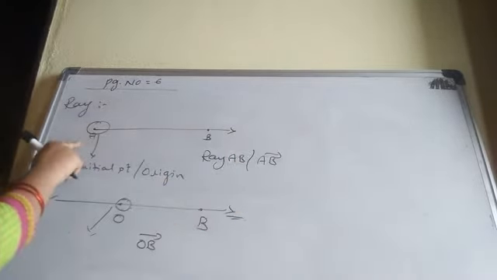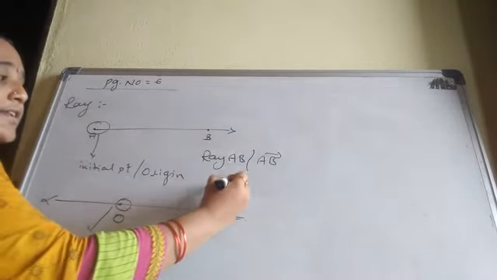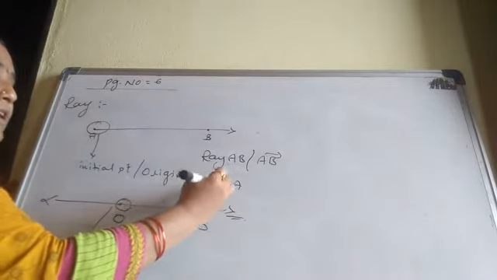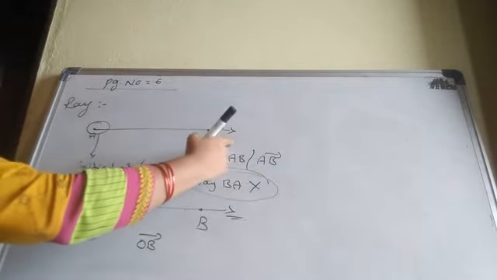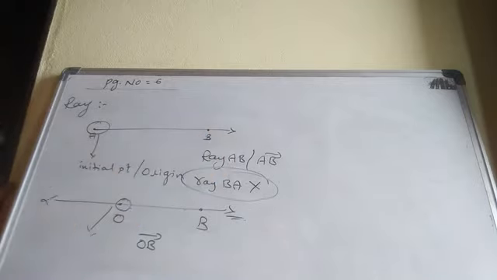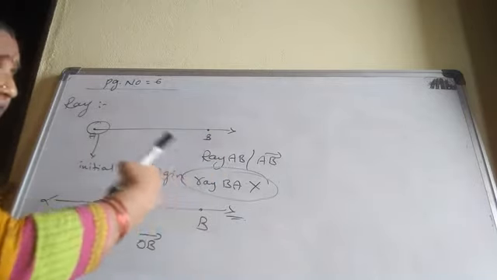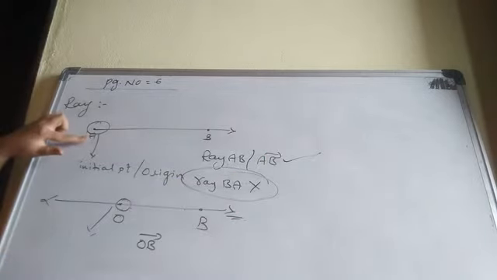Every time we will start from the initial point only, not B. We cannot write ray BA. It is wrong, because it goes on infinitely; there is no end point at B. It is going on. Okay? In this way we have to write. We have to start from the initial point, otherwise called the origin. Okay, students?